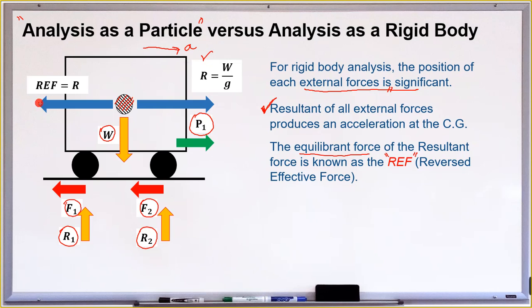Now, in the opposite way, if mo brake pod ang ato ang vehicle, then ang reverse effective force mo bali pod. Kay again, siya gyud na mo oppose or mo counteract sa resultant force. Okay? So, ato lang ni siya i-represent. Instead of having this resultant force, just draw the reverse effective force.